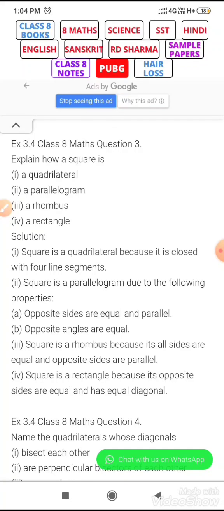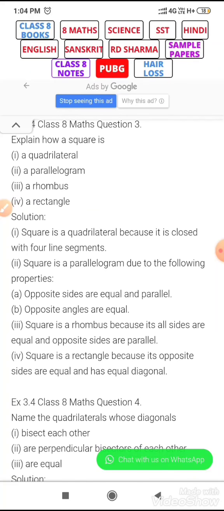So we can say a square is also a parallelogram. Our third part is how a square is a rhombus. A square is a rhombus because all its sides are equal and opposite sides are parallel.